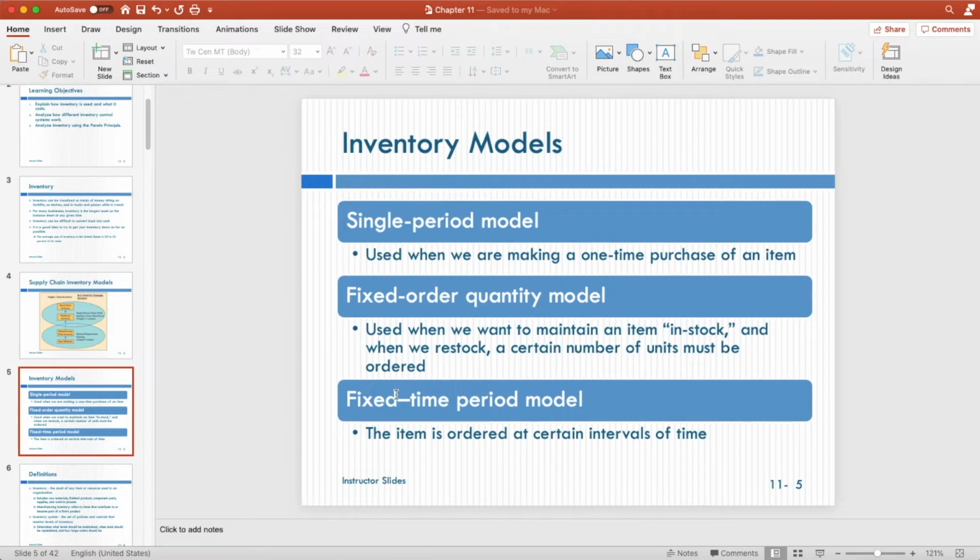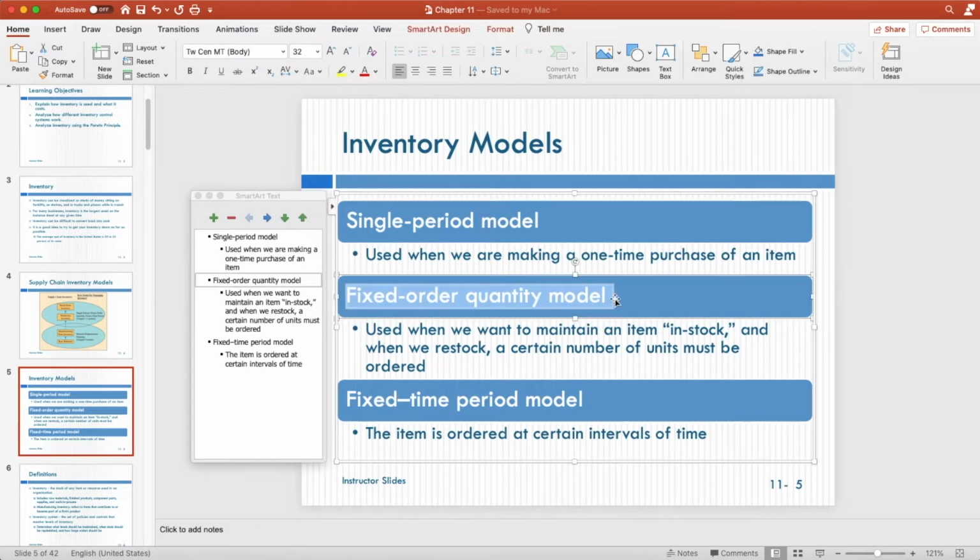But each time when you order, the order amount itself is variable. So you see that the key feature of the fixed order quantity model and the fixed time period model are exactly the opposite. In the fixed order quantity model, the order amount that each time you purchase is a fixed amount, but the time length between two order events is variable.